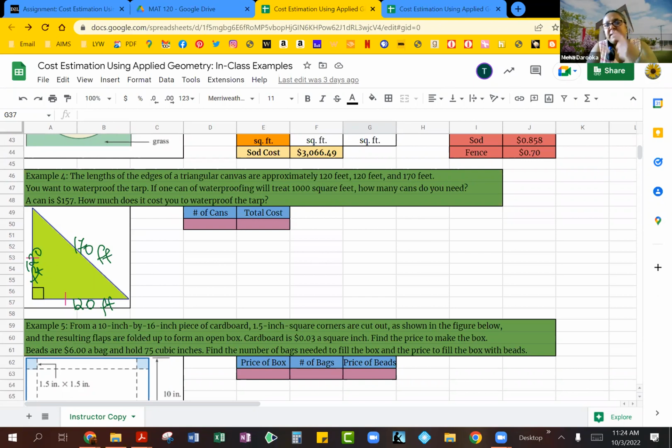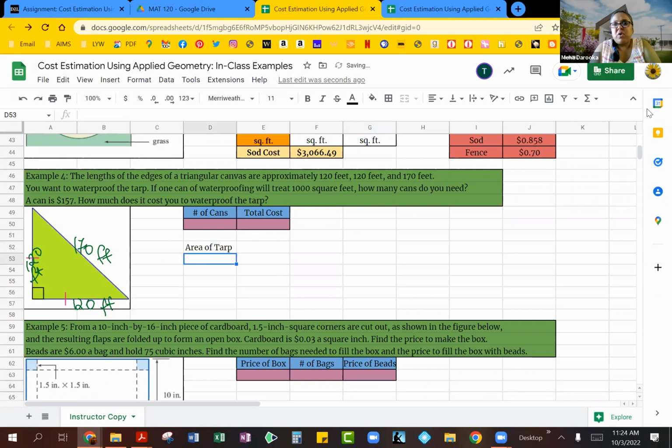So are you finding perimeter, area, volume? Area. Area, very nice. Because again, if you're waterproofing it, it's kind of like paint, right? You're just painting the surface of the tarp. So we need to first start out by finding the area of the canvas, or tarp as they're calling it.